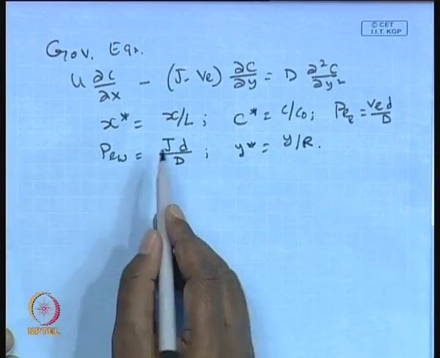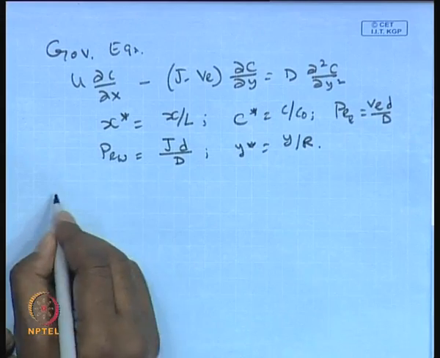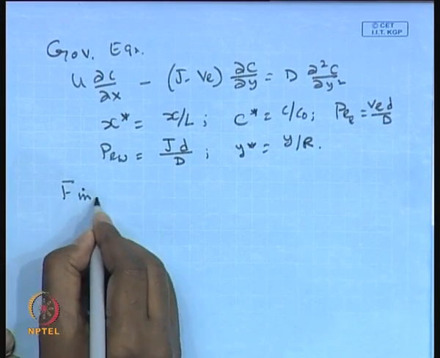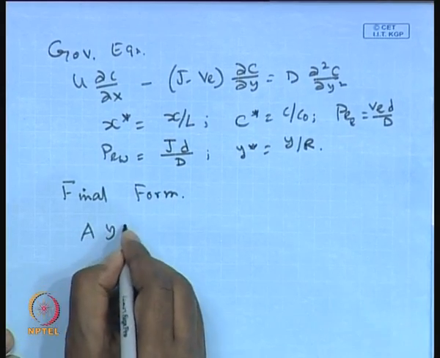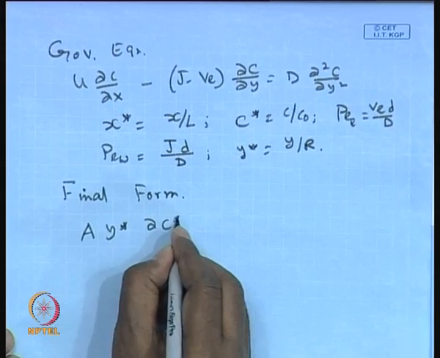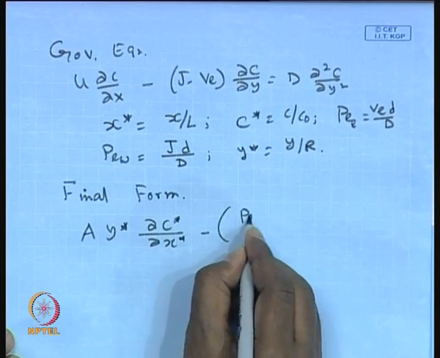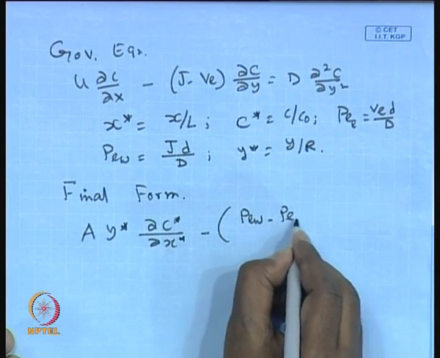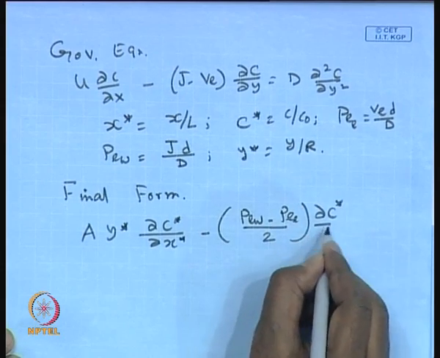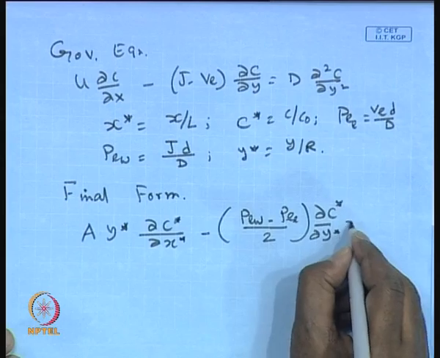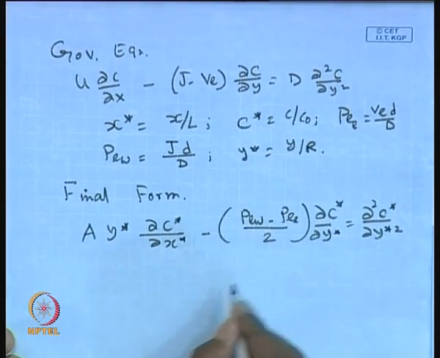So, if you really do all this non-dimensionalization of this equation, the final form becomes, I am writing the final form, you can match it: A y star del C star del x star minus (P_W minus P_E) divided by 2 del C star del y star is equal to del square C star del y star square.